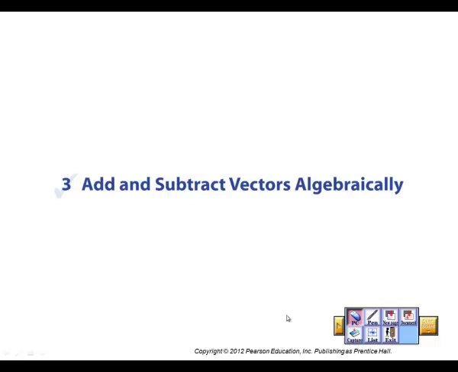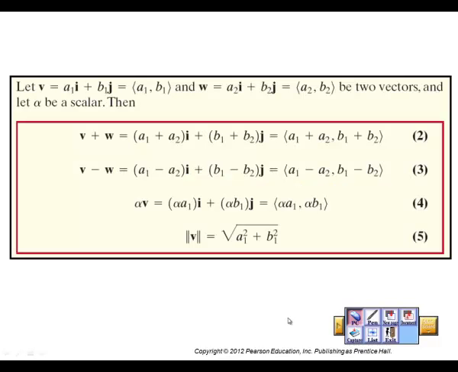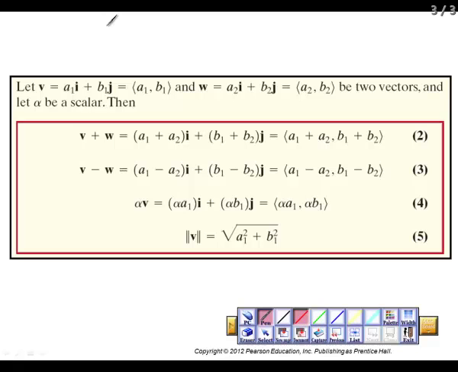Adding and subtracting vectors algebraically. Now, here we have vector v. Now we use a for a number, like 2i plus j and so on. So in other words, let's say we had a vector 2, -3, and this is our vector v. This is component form.